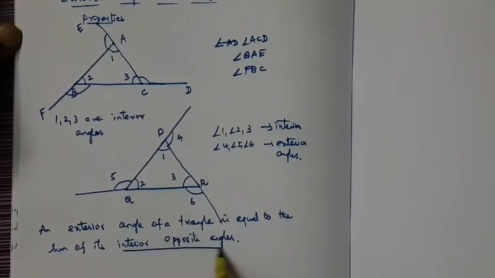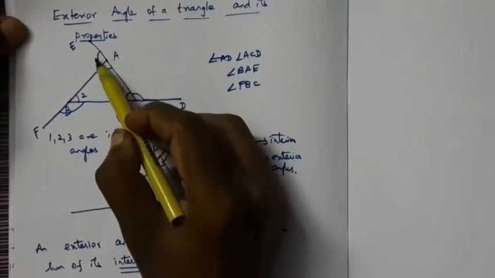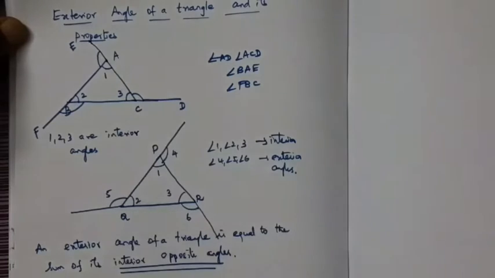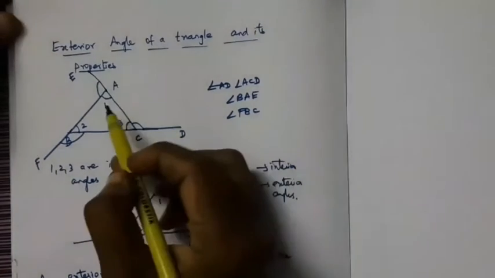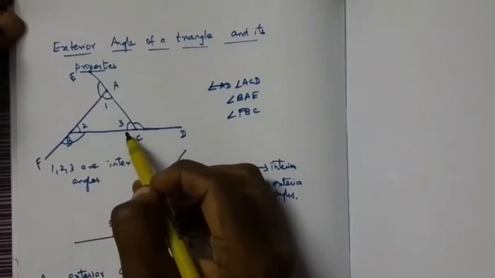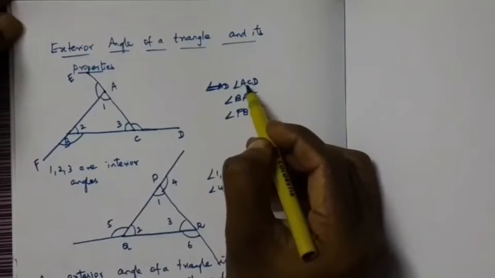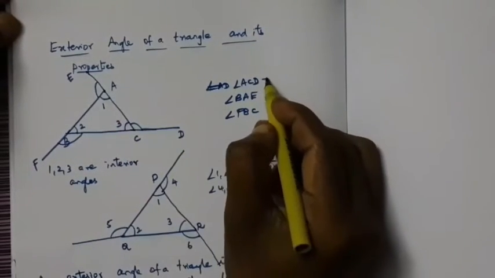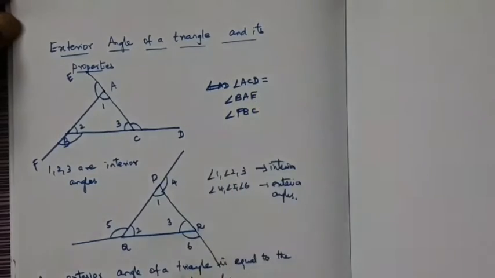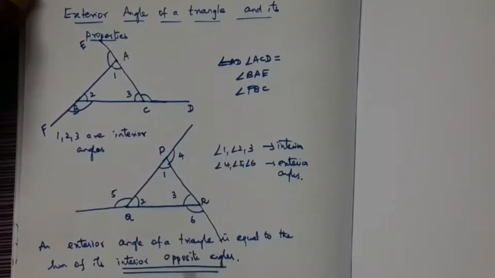What do we mean by interior opposite angles? Suppose this is the exterior angle. These three are exterior angles. This is angle 1, this is angle 2 and this is angle 3. We start from here, angle ACD. This angle ACD is an exterior angle, equal to the sum of its interior opposite angles.